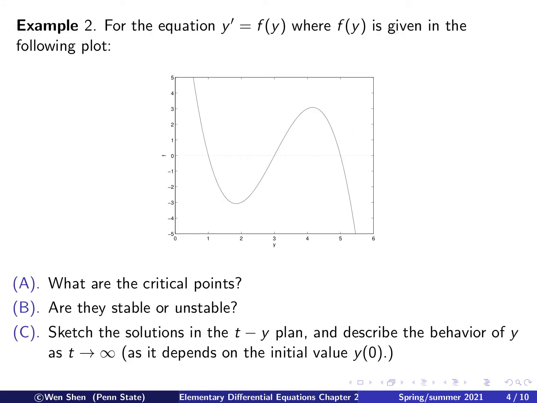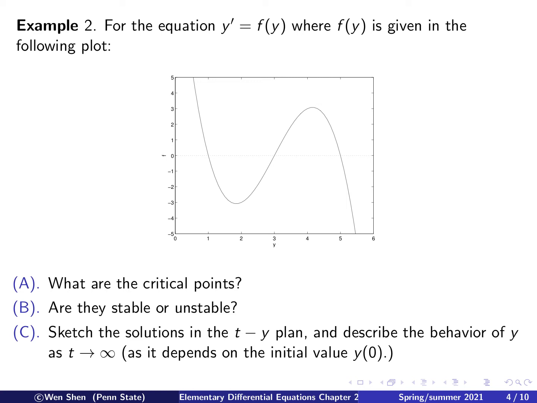Okay, so now let's look at a different example. Now here we have y prime equals f(y), and we do not give an explicit expression for f(y), but we draw a graph which will give the qualitative behavior. So 3 questions.